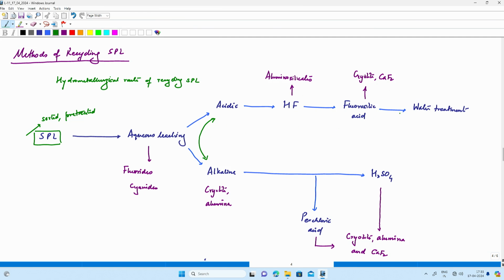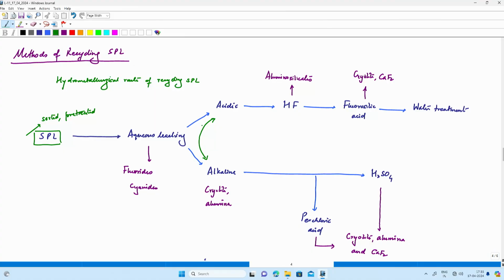And of course we are subtracting these phases one after the other, and finally we would go for water treatment to get our desired composition of SPL, which is basically just removing all of the hazardous phases by acidic leaching. The other route would be combination of alkaline and acids.